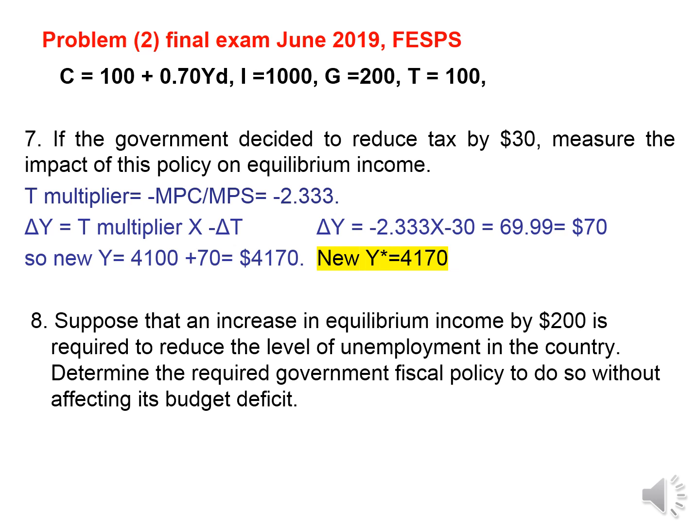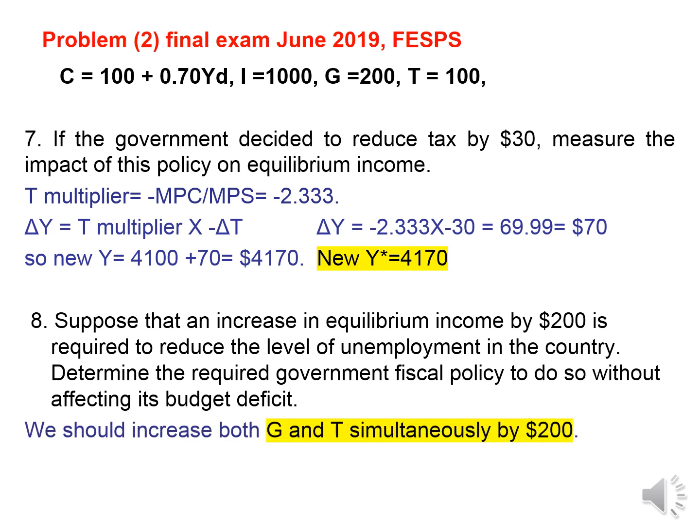So directly, the balanced budget multiplier: the government has to increase G and T simultaneously by $200. You increase both together at the same time by $200.